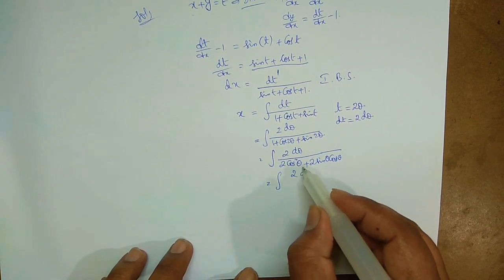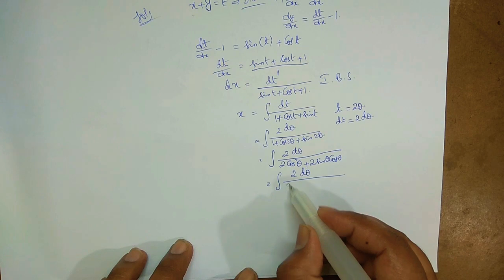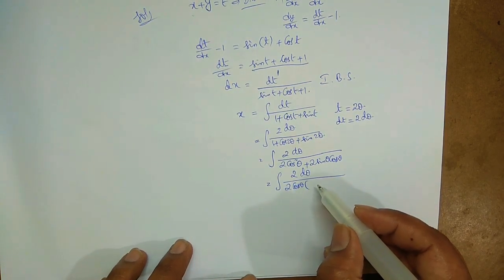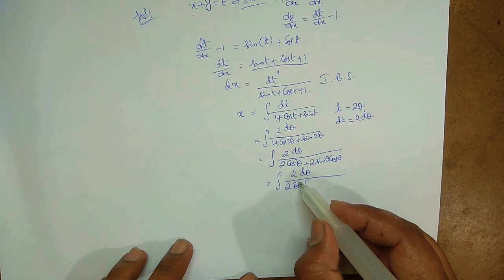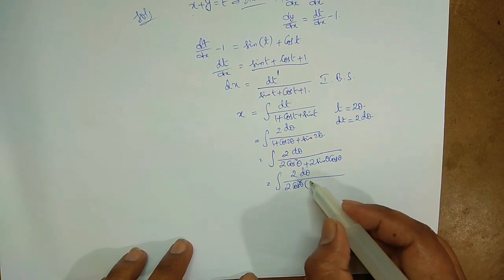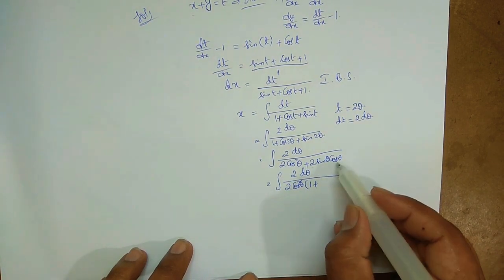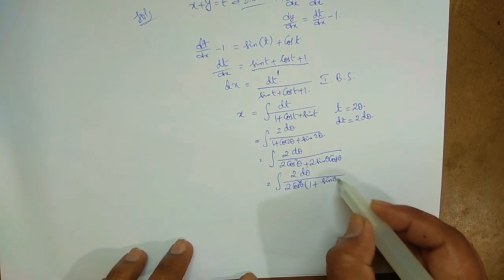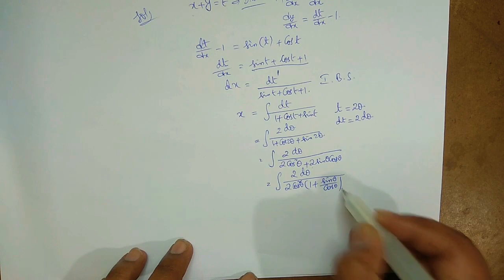So the integral 2 d theta divided by, if you take 2 cos square theta as common, 1 plus 2 cos theta is already available, 1 more cos theta you need to have, so divided by cos theta.